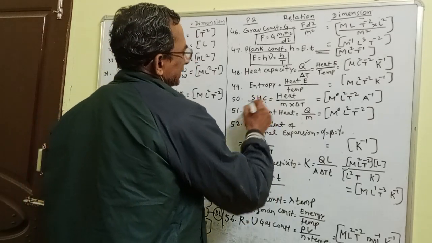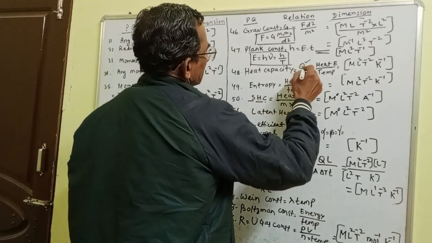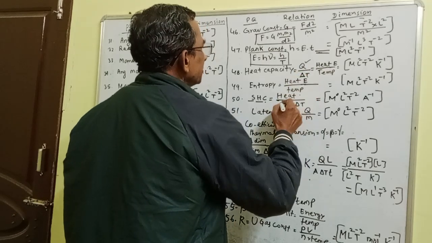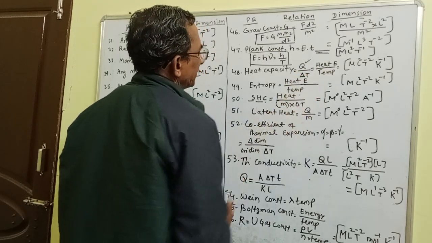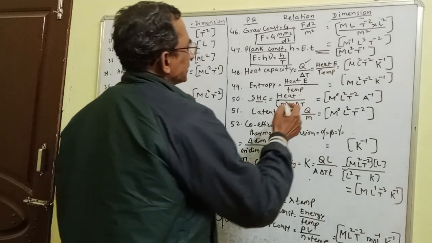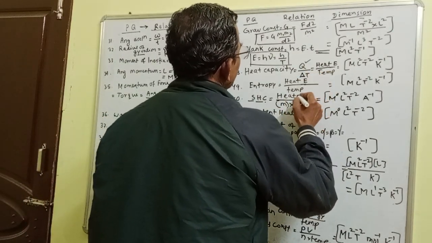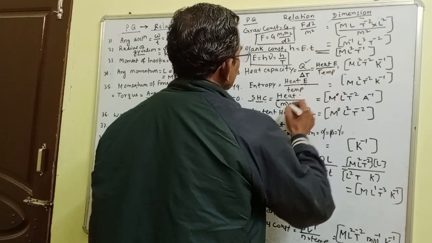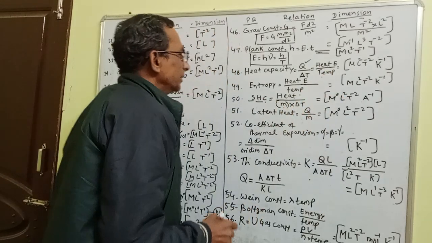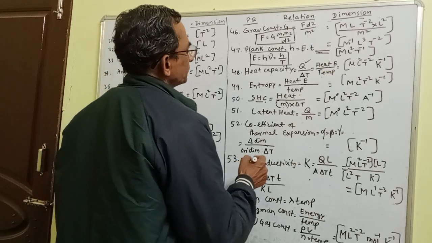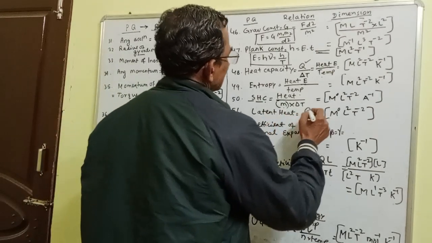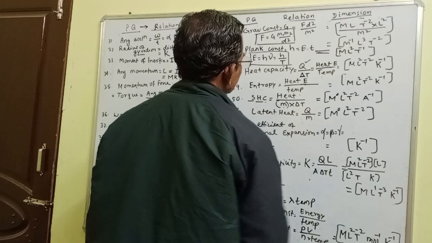Specific heat capacity is heat or heat capacity divided by mass, that means Q by M, heat energy by temperature and divided by mass. Latent heat is heat energy by mass.